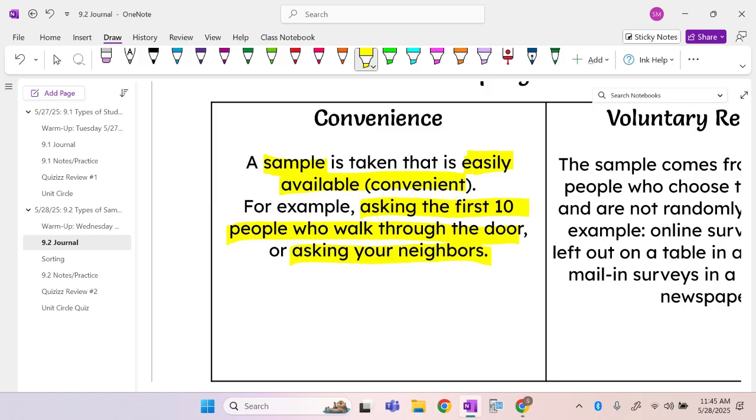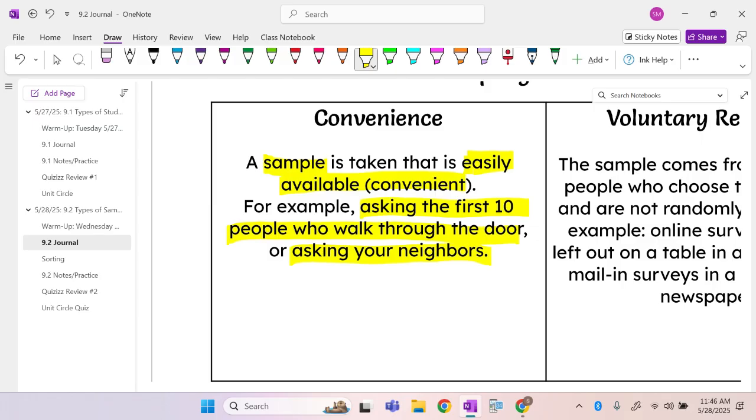That would typically be Gavin, Corey, Kylie, and Luna, because those are usually the first 4 people that I see in the day. So they would end up deciding what we do as a class that day, whereas the rest of y'all would not have a voice, because I just did what was the easiest for me, which was ask the first people that I saw.